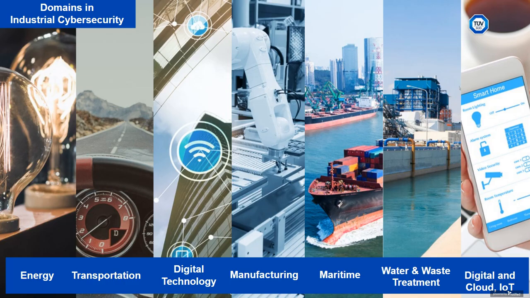So we understood the landscape of industrial cybersecurity, but what does it encompass? Industrial security focuses on safeguarding critical infrastructure from various cyber attacks. Within this broad field there are various domains, each with its unique challenges and security needs. I would like to highlight a few domains.